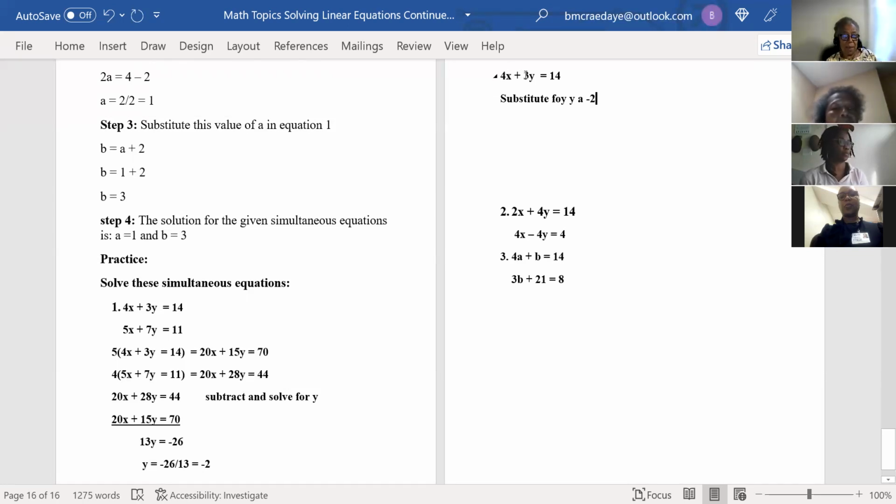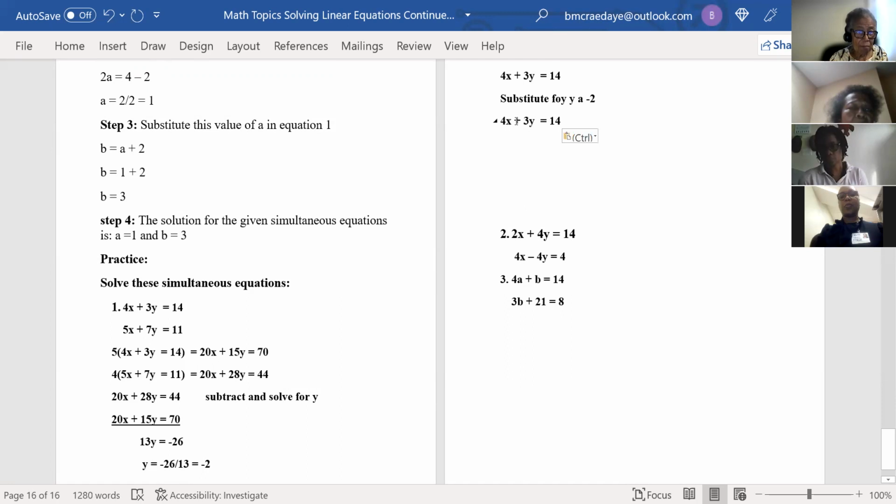So substitute a minus 2 into this equation and solve for X. Yeah. And solve for X. So where you see a Y here, you're going to put a minus 2, because that's what we calculated Y to be, right?